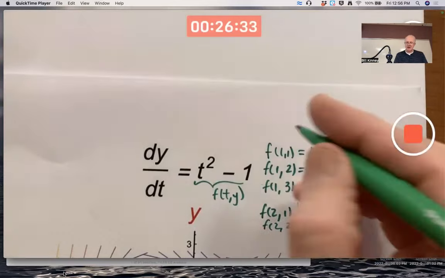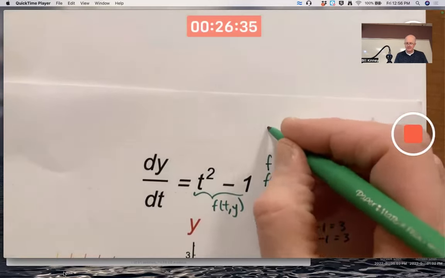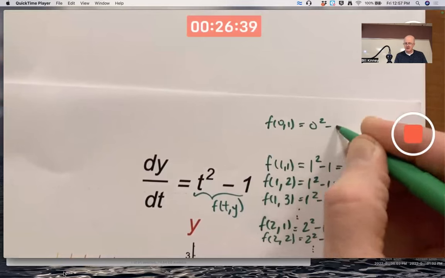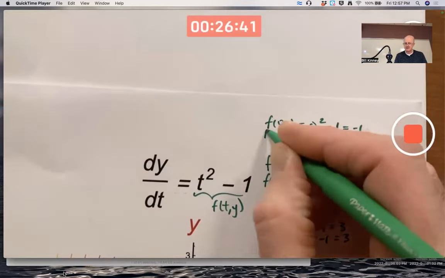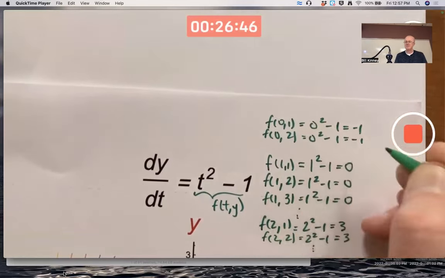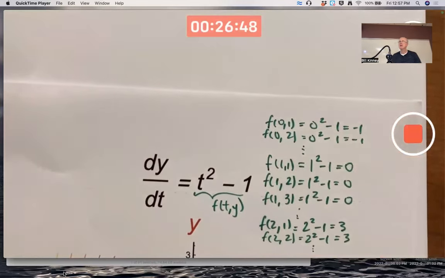What about when t is 0? Do 0 squared minus 1, negative 1. Along the vertical y-axis, where t is 0, all your line segments are going to have a slope of negative 1.